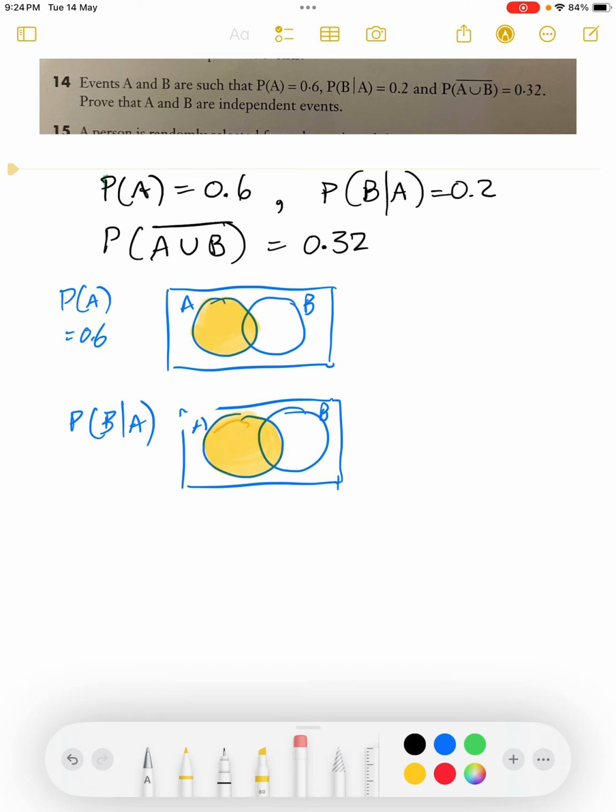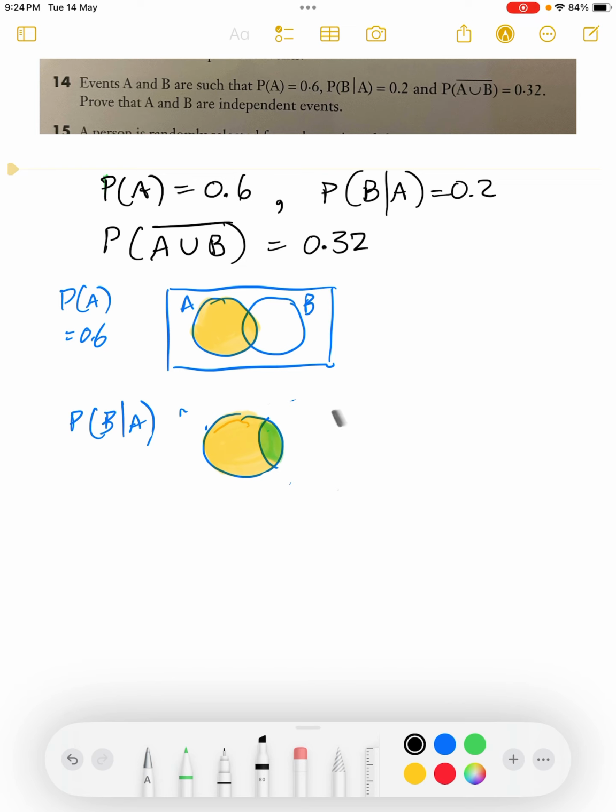So what we do is we ignore everything around that, because A has happened means A is the new universal set. So if A has happened, how much of that is B? The part that is B is in here. That's the only part that was in B.